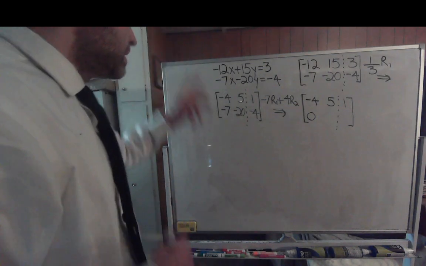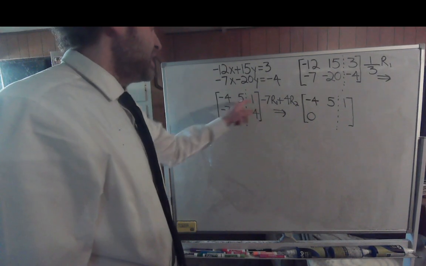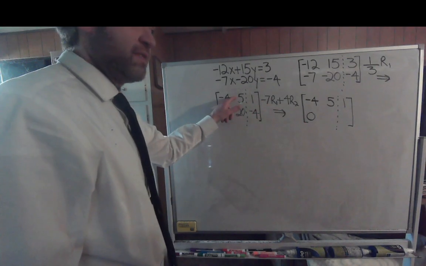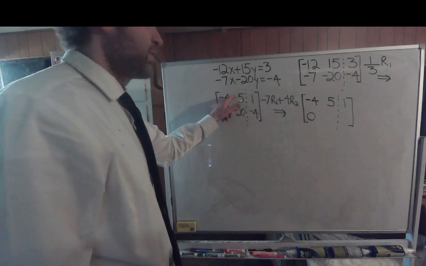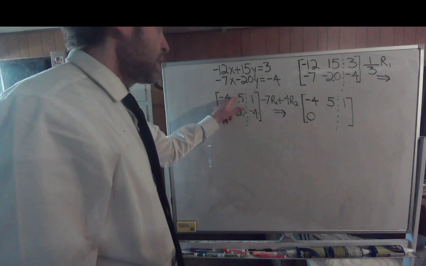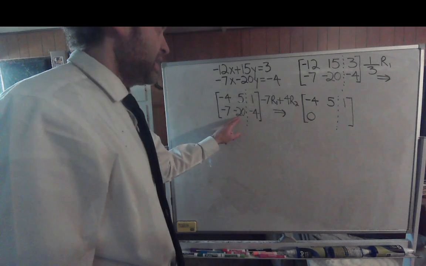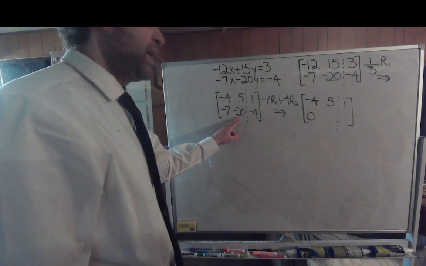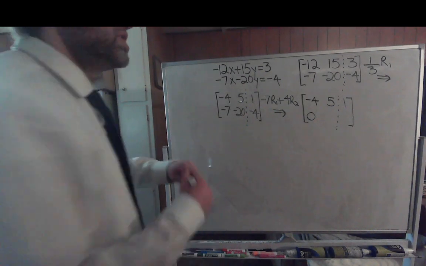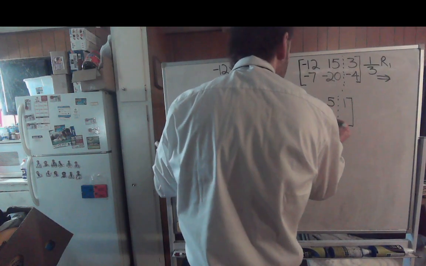Okay, great. Negative 7 times positive 5 is what? Negative 35. Plus 4 times negative 20, which is negative 80. Negative 35 minus 80 is going to be negative 115.